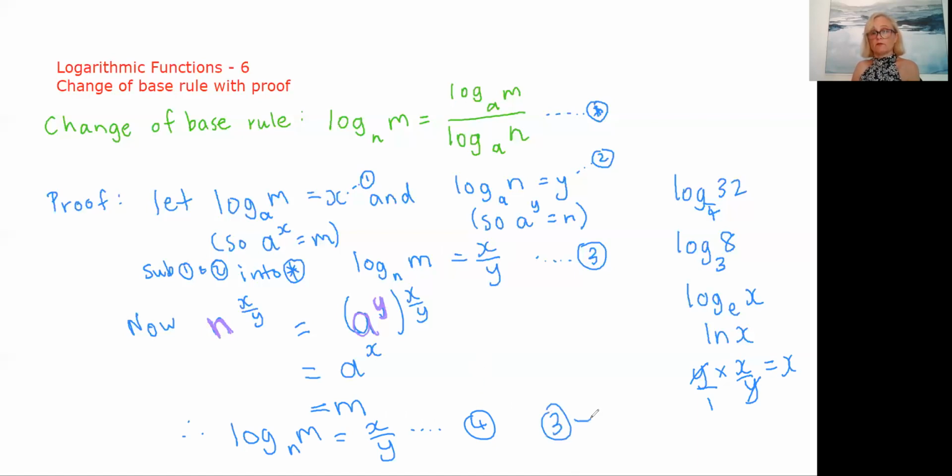So 3 and 4 tell us that our change of base rule works, that log of m to base n is the same as log of m to some base a over log of n to some base a. And normally you'll pick that a to be either something that both of those can be written as powers of, or it would be base 10 if you're going to use your calculator, or if you're differentiating, it will be base e.